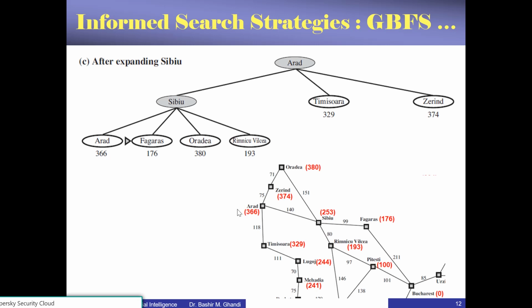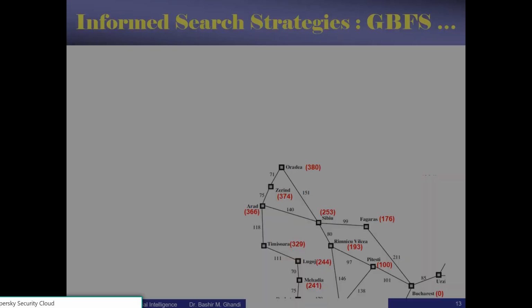The smallest cost to the goal seems to be 176. So it's going to go to Fagaras next. Therefore it will try to explore Fagaras. Let us see that in the next step.